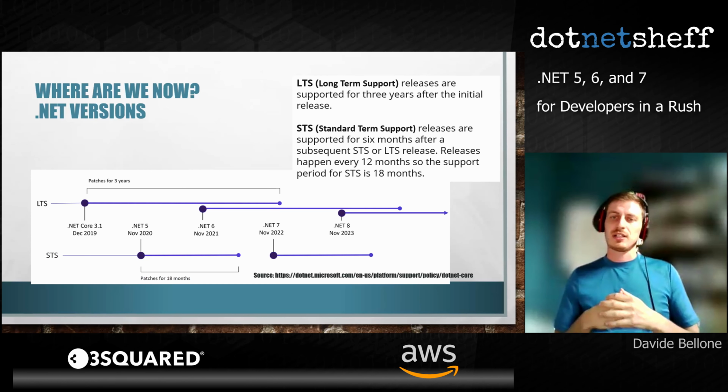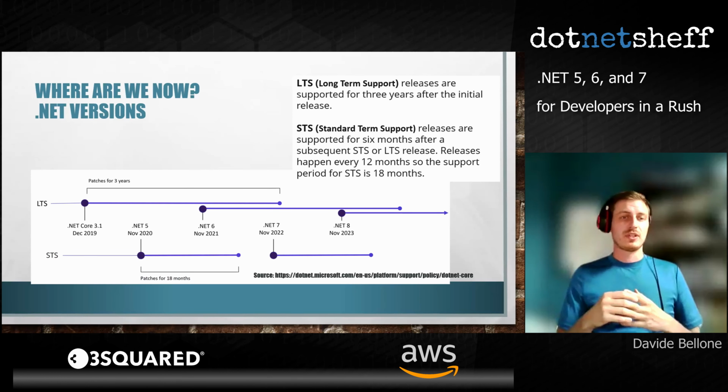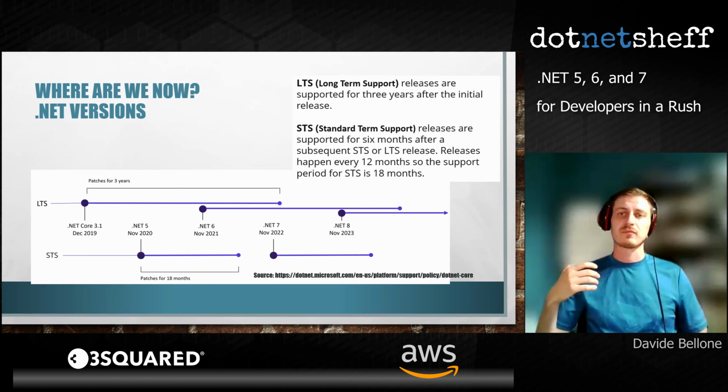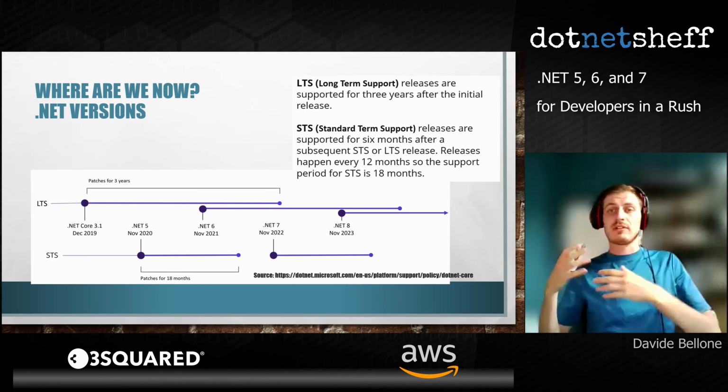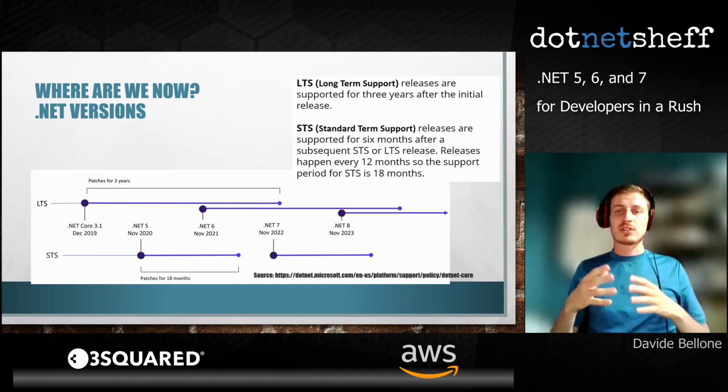As you see, the versions are divided into main streams, the LTS and STS. LTS is the long-term support. So every release is supported for 3 years, with, of course, the security patches and whatever updates. And STS is the other stream with very short releases.